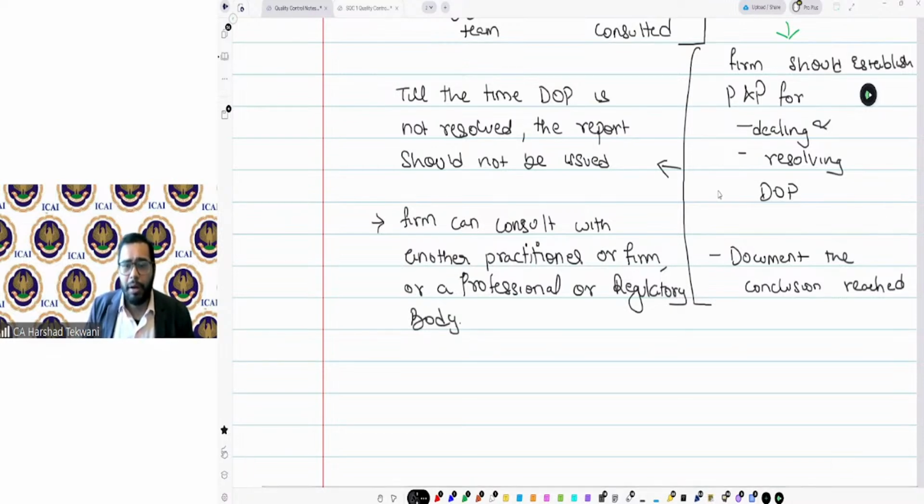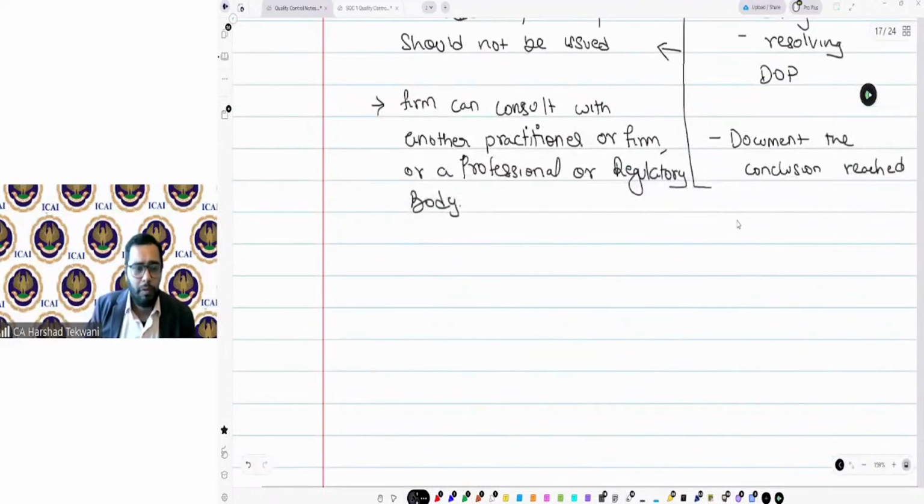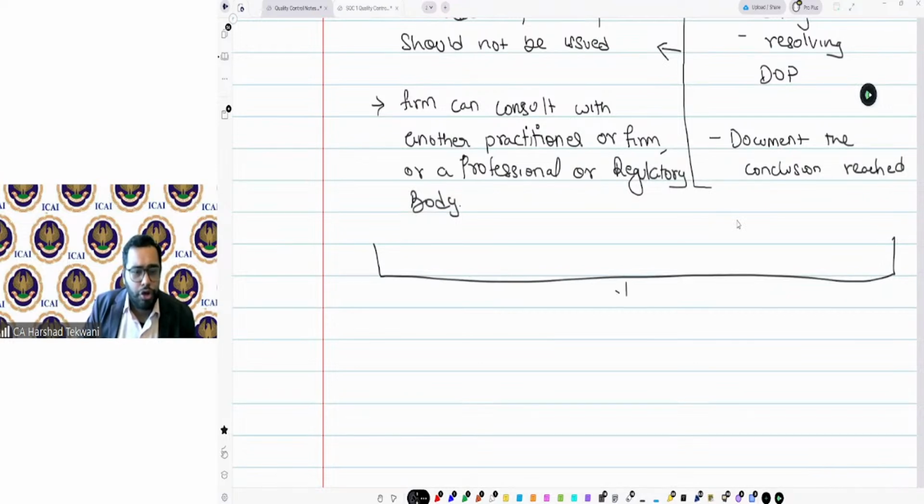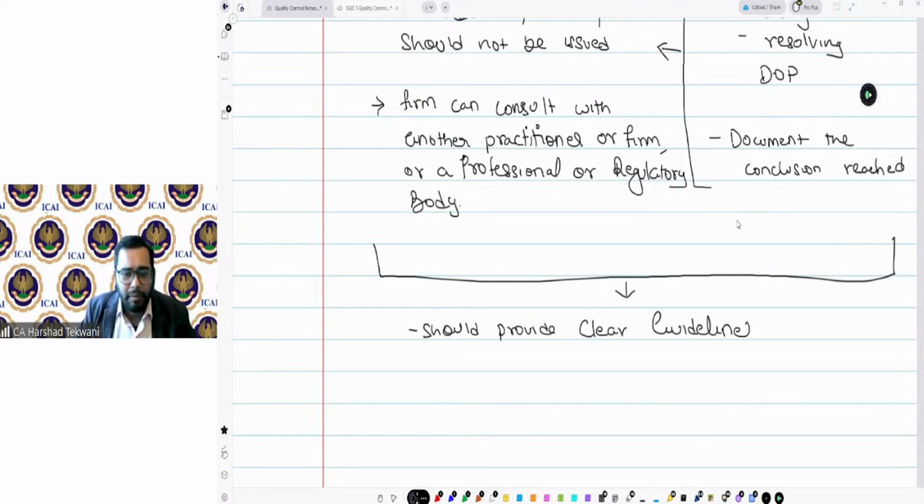And this particular policy should provide clear guidelines as to the successive steps that should be taken.